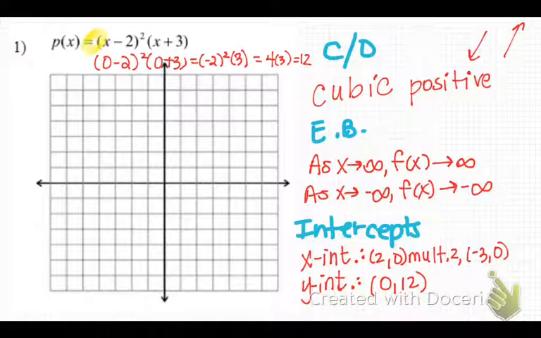Do I have enough information to graph this? Yes, I do. So my x-axis, I'm going to label it going by 1s. Do you think that'll fit? Yeah. What about my y-axis? I'm going to go by 2s. I could go by 3s. I could go by 4s. I'm going to go by 2s.